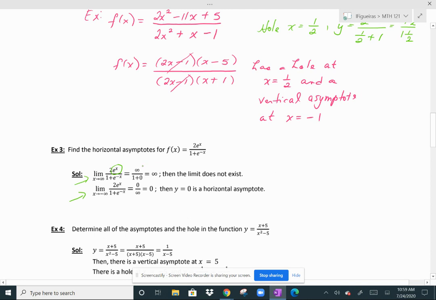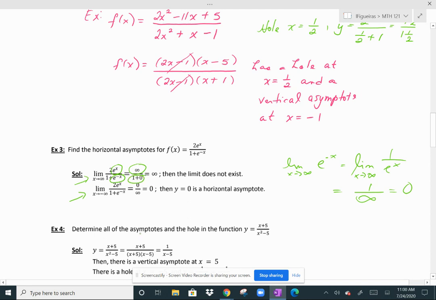So the numerator is infinity, but e to the negative x, remember, as x approaches infinity of e to the negative x, that's equal to 1 over e to the x, which is basically 1 over a very large number, which is equal to 0, which is why here you just have 1 over 0.